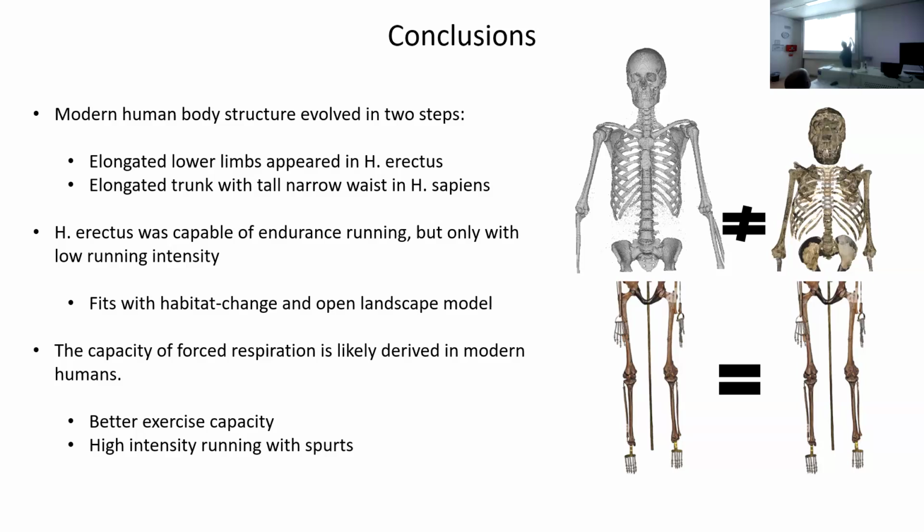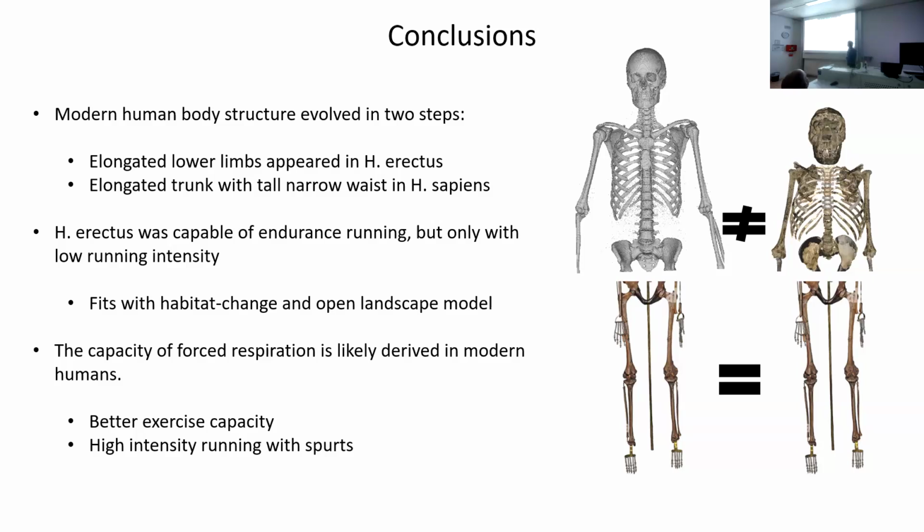But a second step is that within the modern humans, only the tall trunk appears. This is a derived feature of modern humans, not present in the erectus, but it means from a paleoecological point of view, probably that Homo erectus was capable of endurance running, but mainly on a very low running intensity. And this is somehow compatible with the model.